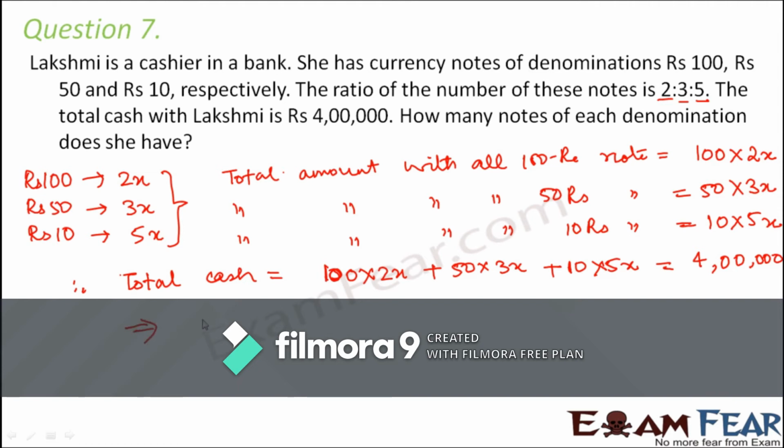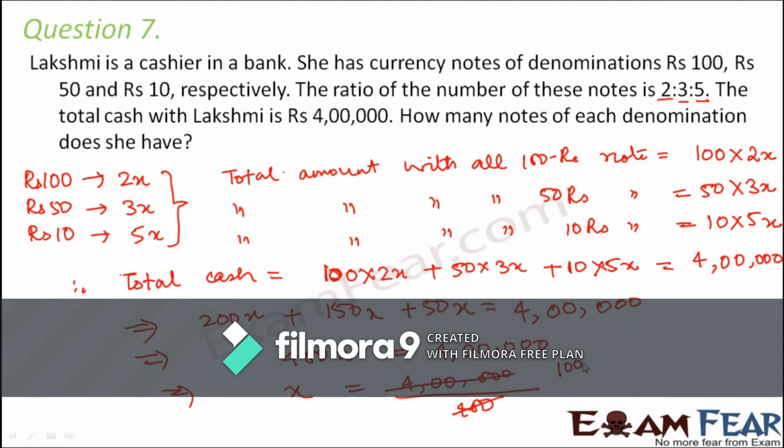So this would be equal to 200x plus 150x plus 50x is equal to 4 lakhs. So this is 400x is equal to 4 lakhs. Or x would be equal to 4 lakhs divided by 400.